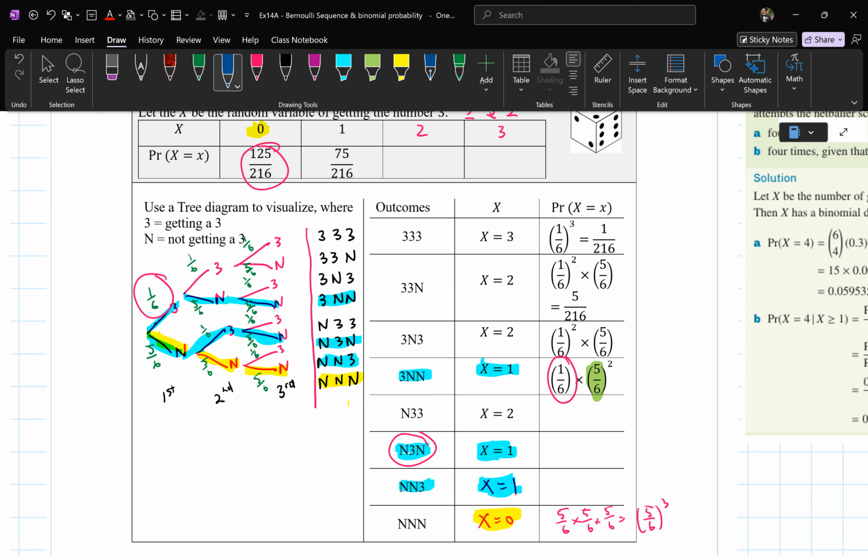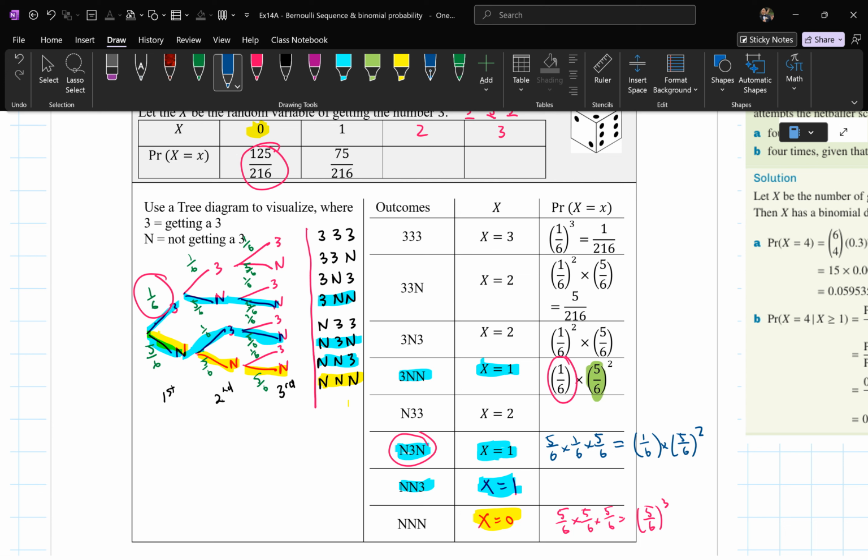It's still 5/6 times 1/6 times 5/6, which is still the same thing as saying 1/6 times (5/6) squared. There's a repetition. These two are still the same, they're just in a different order. So this order here is 1/6 times (5/6) squared. This is still 1/6 times (5/6) squared.